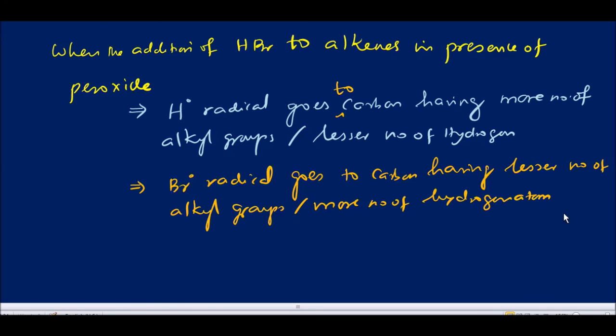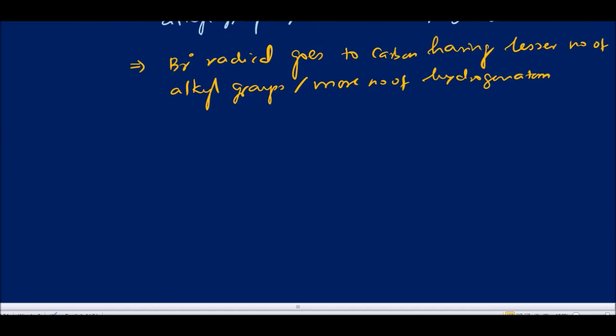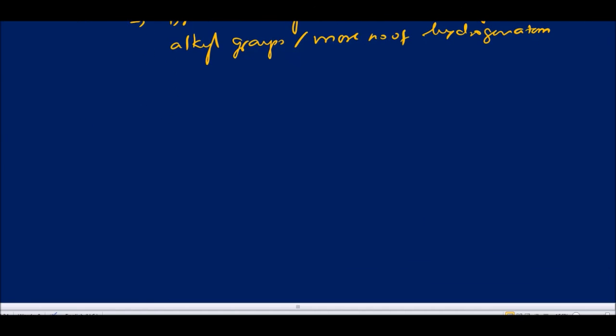So in this manner only the addition takes place, and hence it is called free radical addition. The free radical addition of hydrogen halide to the asymmetric alkene is thus explained.